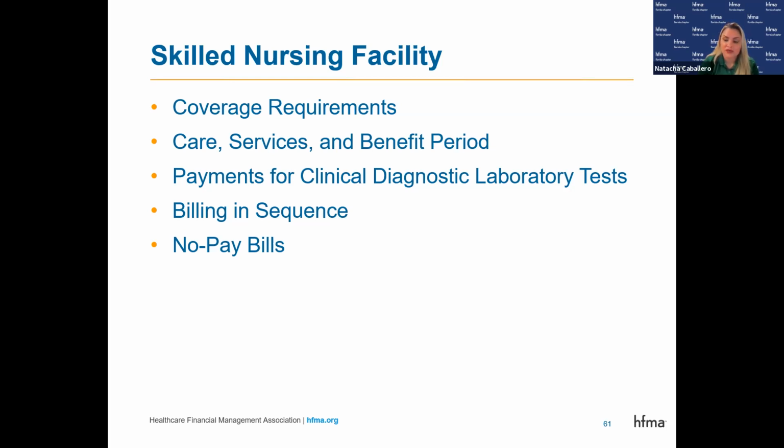A patient is eligible for 100 days of care in a benefit period. As long as the patient is entitled to Part A, there is no limit to the number of benefit periods they may have. A benefit period is synonymous with a spell of illness.